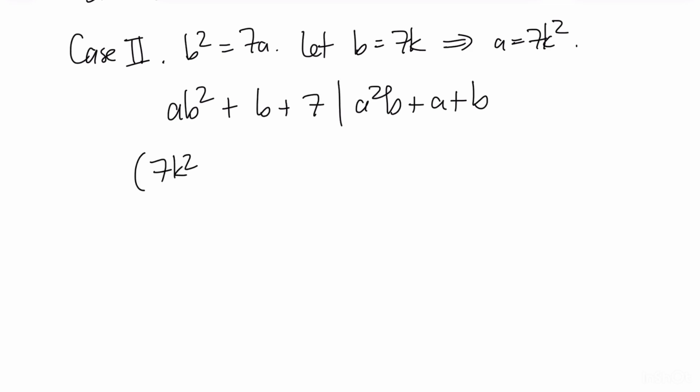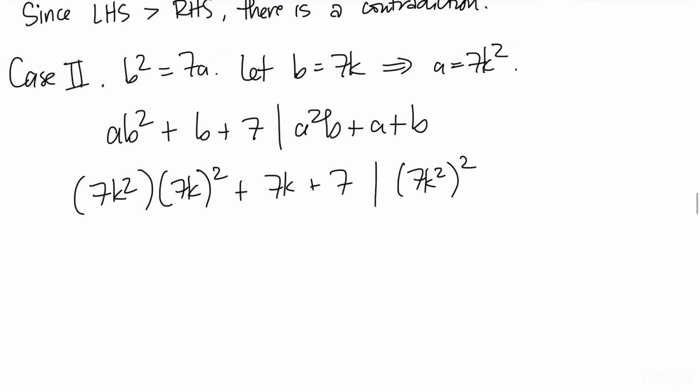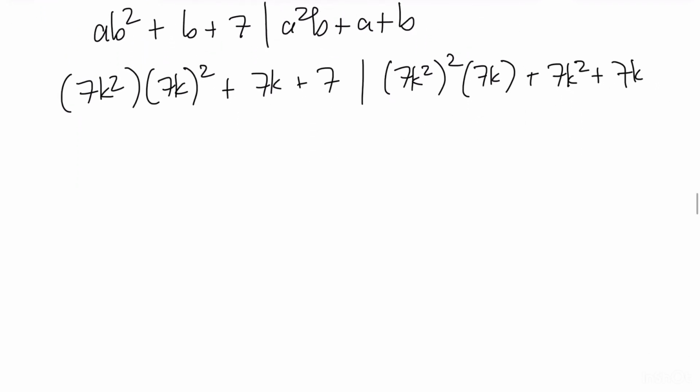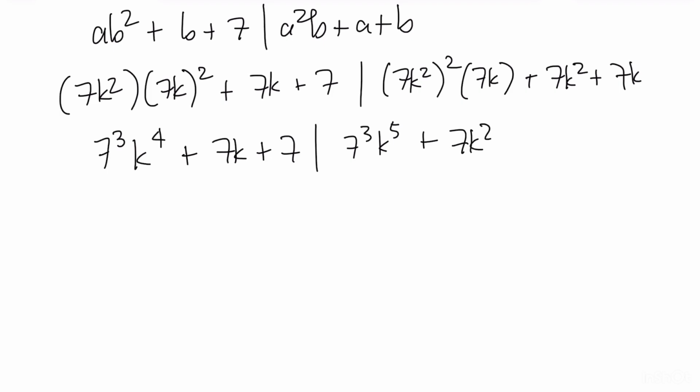So 7k squared times 7k all squared plus 7k plus 7 must divide 7k squared times 7k plus 7k squared plus 7k. Now I'm going to simplify. This becomes 7 cubed k to the 4th plus 7k plus 7, which should divide 7 cubed k to the 5th plus 7k squared plus 7k.